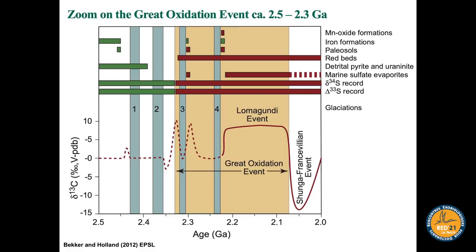The relationship between this carbon cycle perturbation and atmospheric oxygenation is debated. But what is generally accepted is that this change in the carbon isotope composition of carbonate minerals represents an explosion of biospheric production. And as we'll see in the next couple slides, biospheric production can control atmospheric oxygen levels.